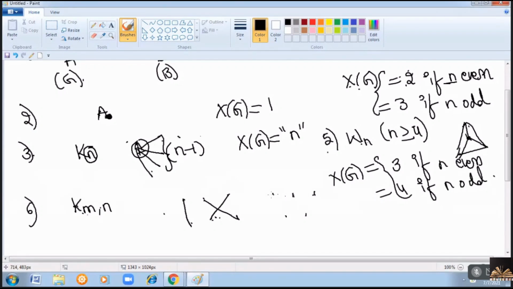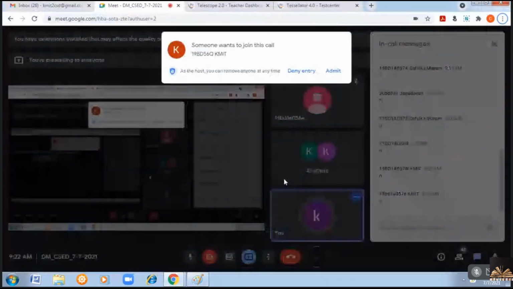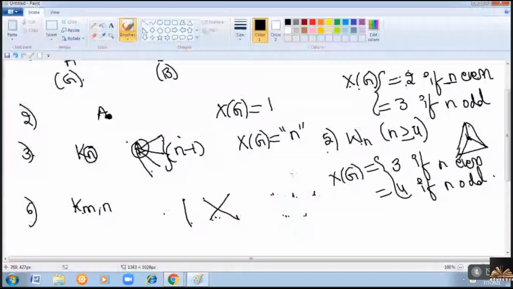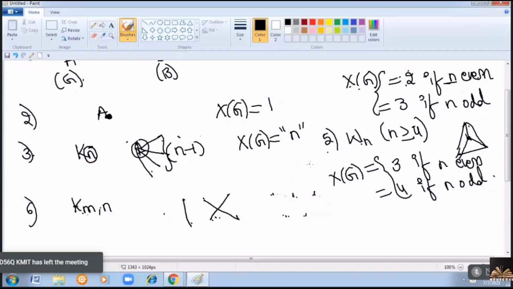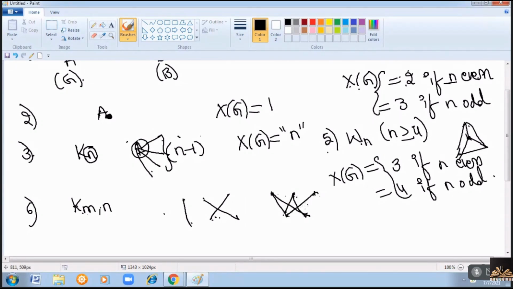You will divide the given set of vertices into two groups such that every edge will have one vertex in one group and the second vertex in another group, such that every vertex in the first group should be adjacent to every vertex in the second group.